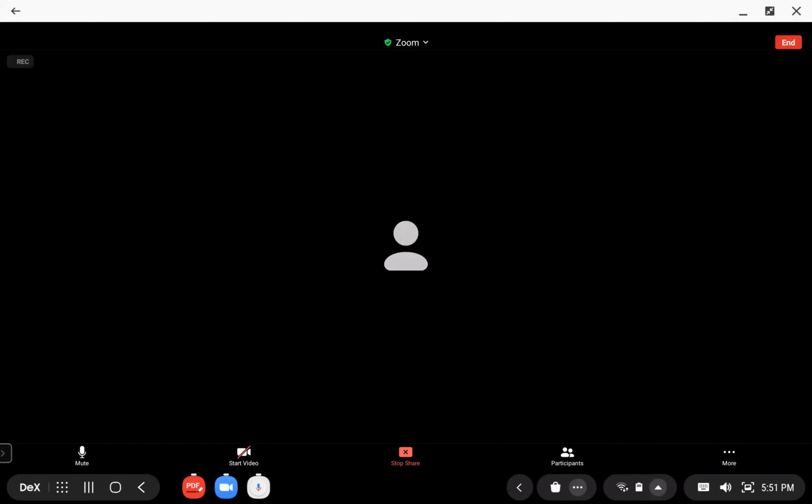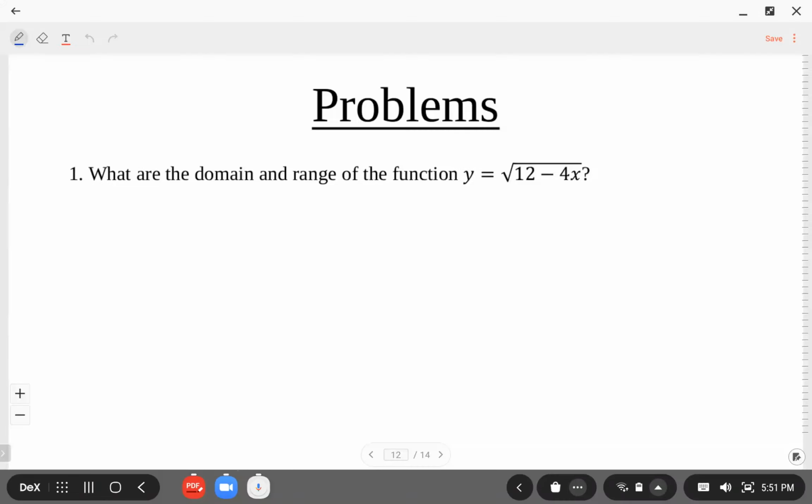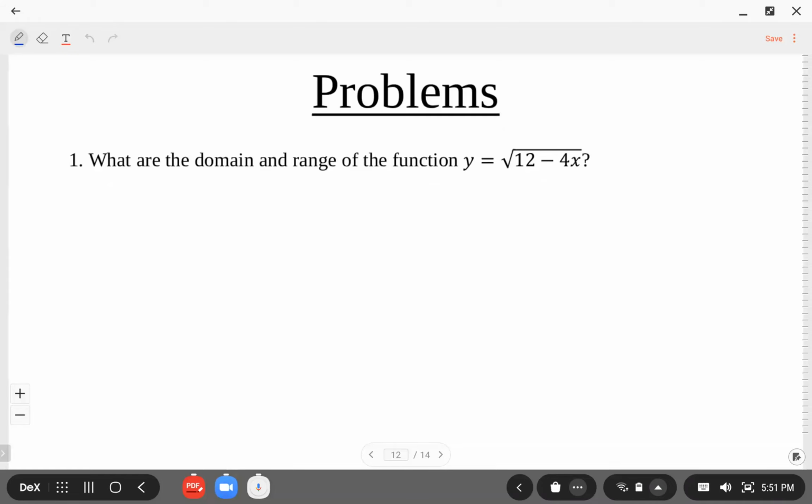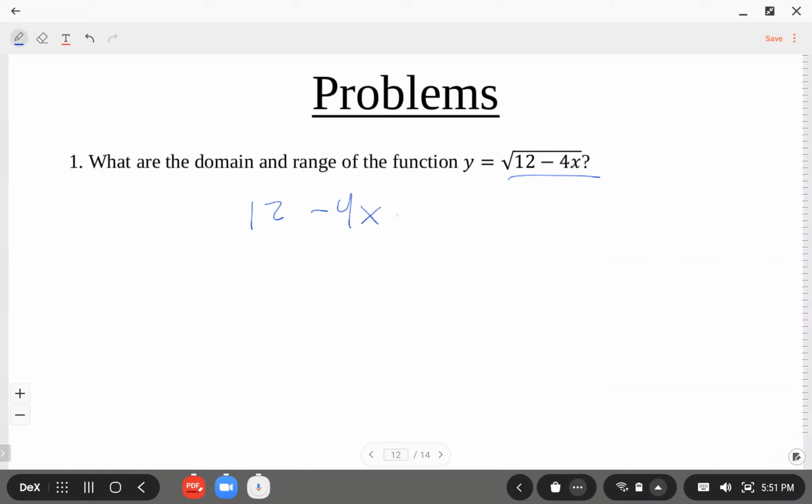Okay, so let's walk you through this. And wow, Edward actually beat Steven this time. Great surprise, okay? So 12 minus 4x is greater than or equal to 0. Negative 4x is greater than or equal to negative 12.